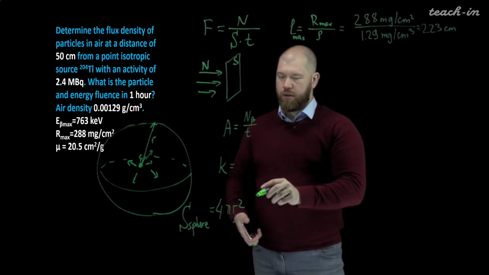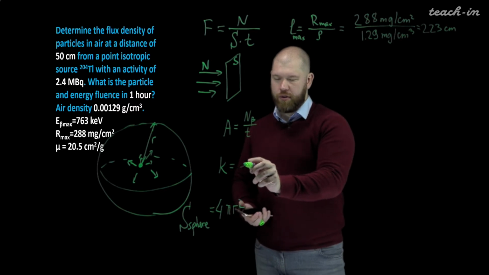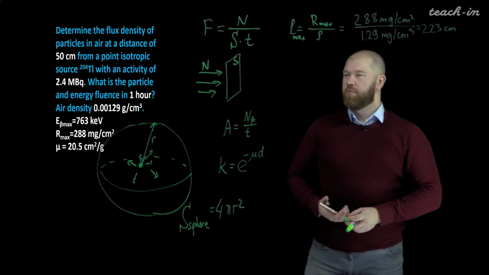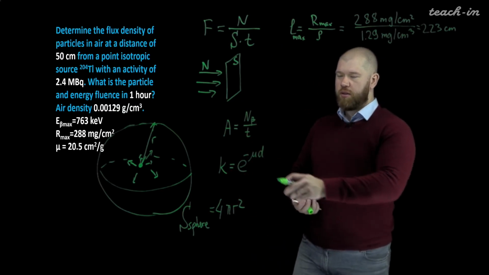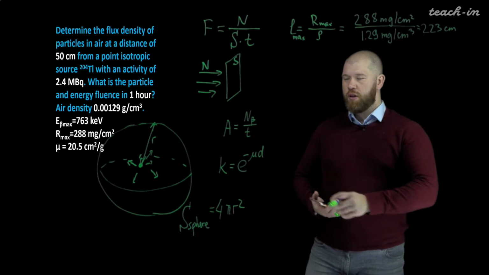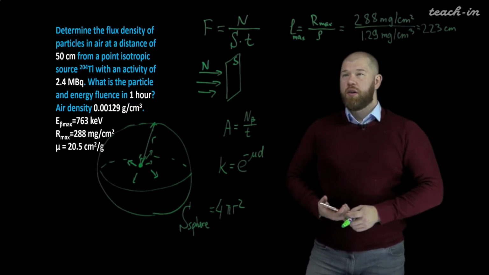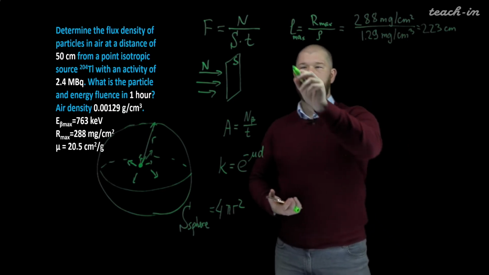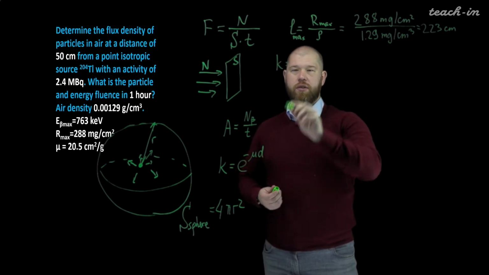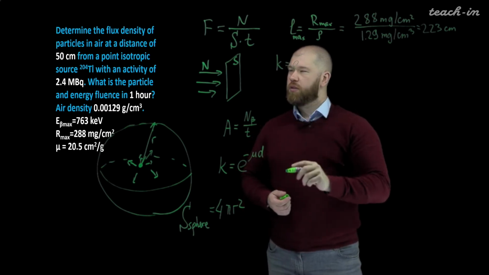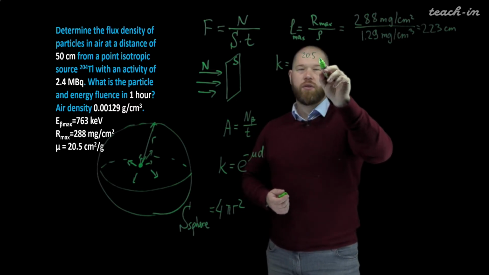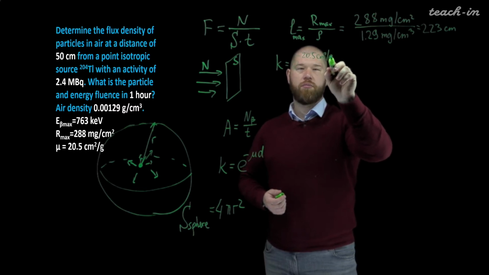we can use the equation for the attenuation coefficient like this. The attenuation coefficient will be simply the exponent with the degree minus the mass attenuation coefficient multiplied by the distance. And let's calculate it. So the attenuation coefficient will be, in this case, exponent minus 20.5 squared centimeters per gram.